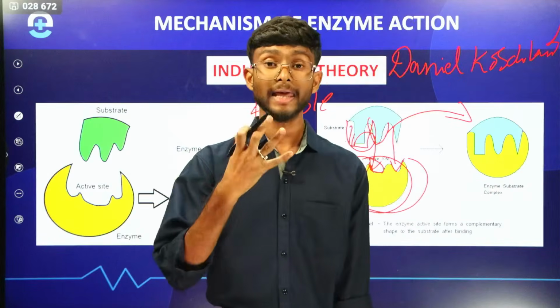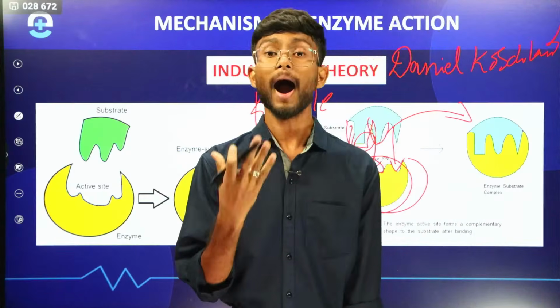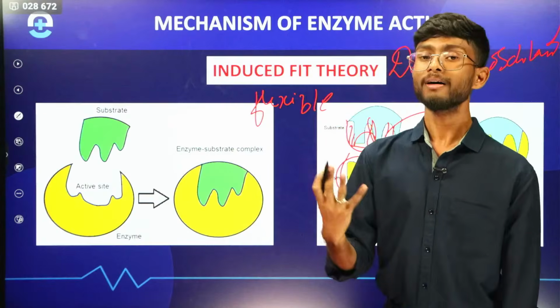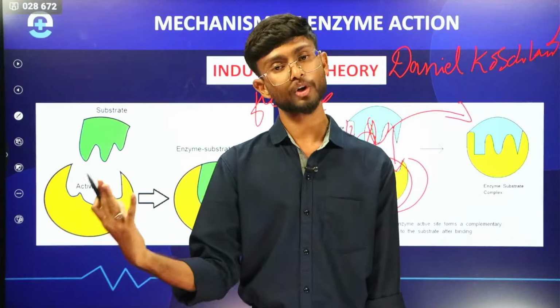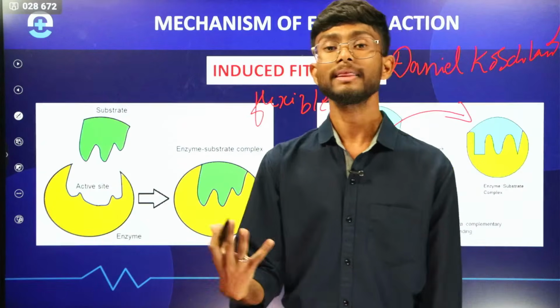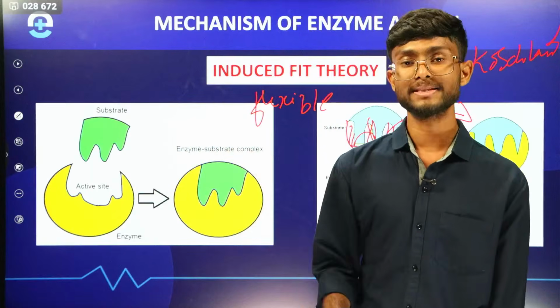But here the enzyme's active site itself changes or alters according to the substrate and forms a reaction, that is the enzyme substrate complex. This is the mechanism of how the enzyme's activity works and how the substrate binds to the enzyme active site.